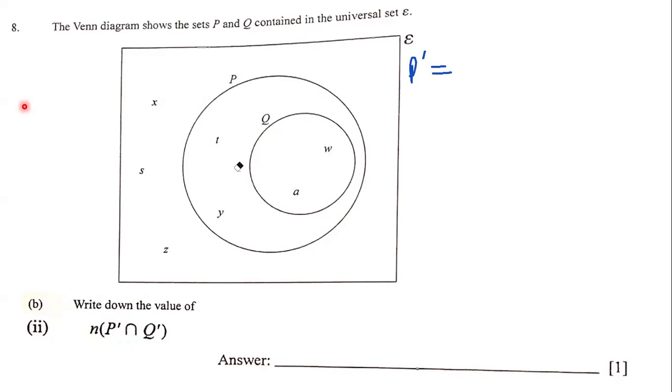No, I want it by definition. What do we mean by P complement? Everything outside of P. All the elements in the universal set except P. Very good.